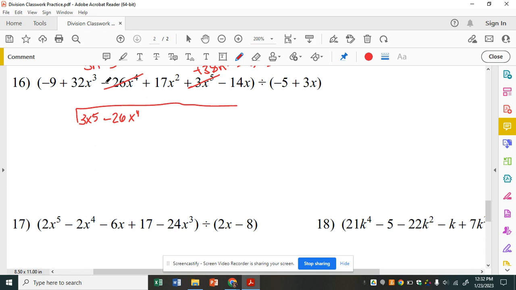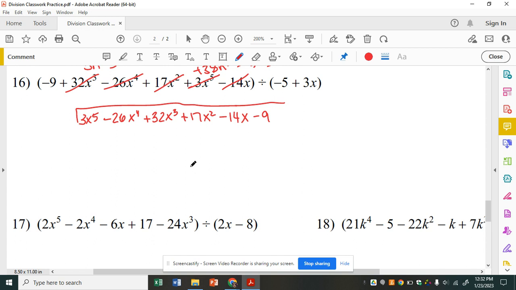Next term has to have x cubed, so I'm going to write that as 32x cubed. And I'm crossing it out so I know I used it. The 17x squared comes next. I'm crossing it out because I know I used it. And then I have 14x. Again, it's negative because there is that minus sign in front of it. And then the last one would be negative 9.